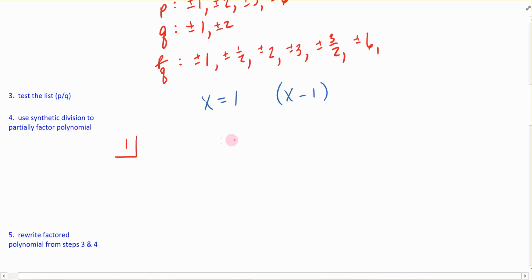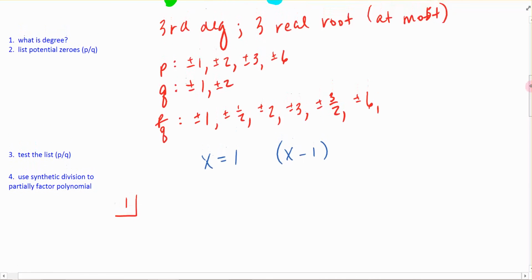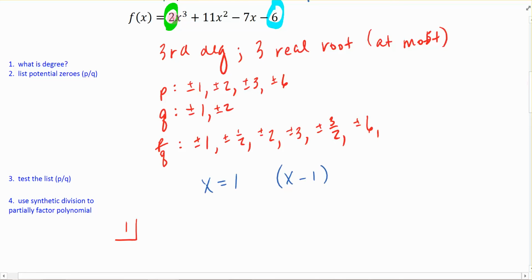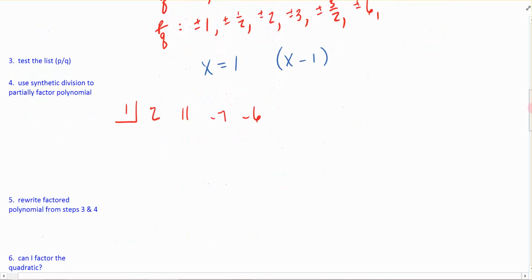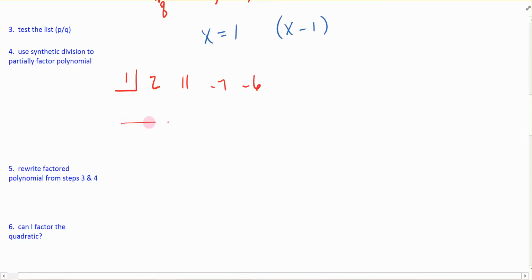Now everything to the right of that comes from the coefficients only of my polynomial. So I'm going to bring down a 2 plus 11x, or excuse me, 11, minus 7 and a minus 6. So that's where those numbers are coming from. We leave a little space and then draw a line.